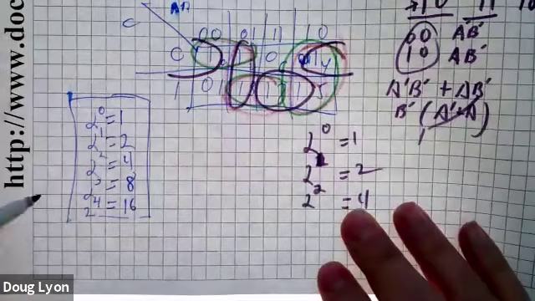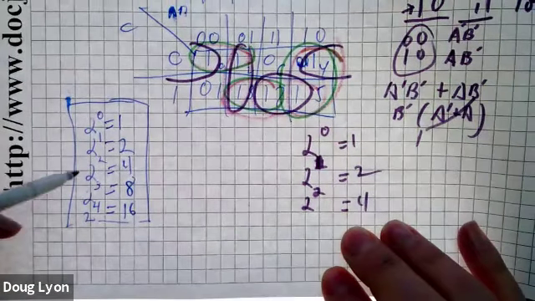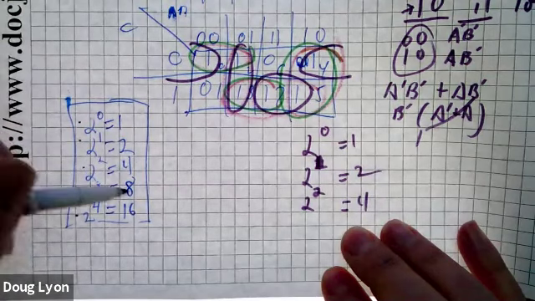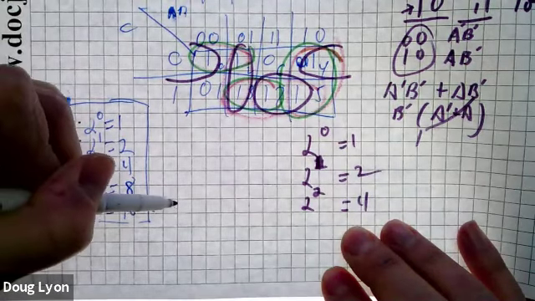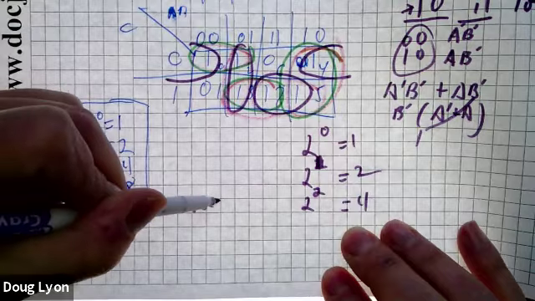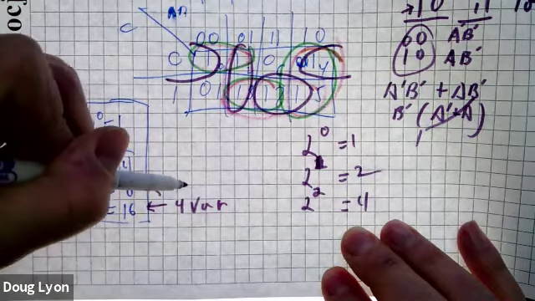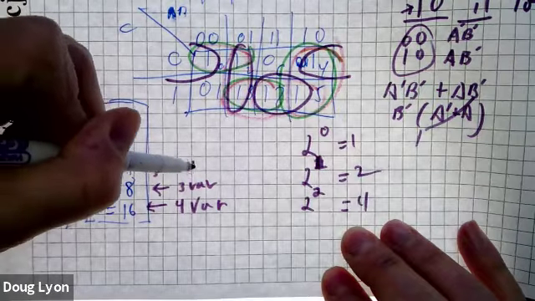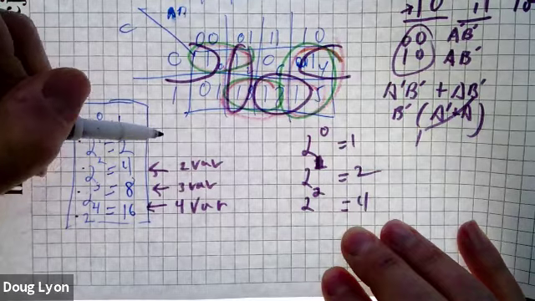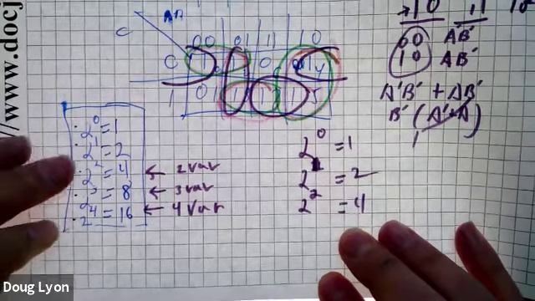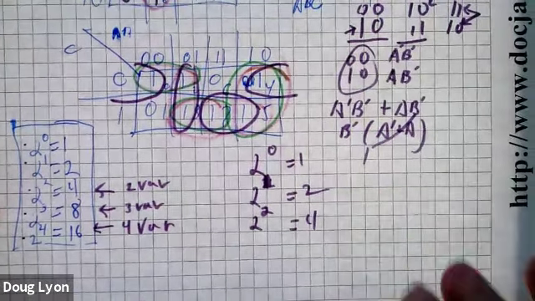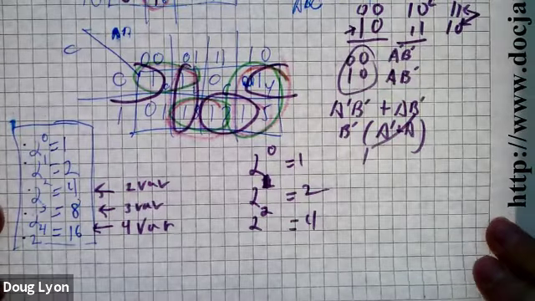But I can have 8 elements at a time. I could have 16 elements at a time. I would expect this in a 4-variable kmap, this in a 3-variable kmap, perhaps in a 2-variable kmap. I don't think you'd want a 1-variable kmap. There's no 1-variable kmaps that I'm aware of.